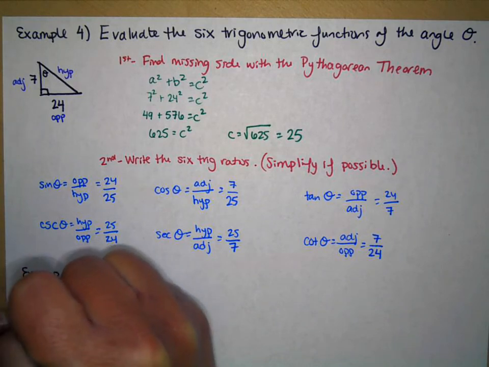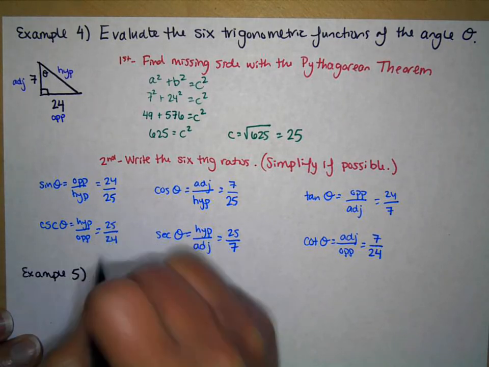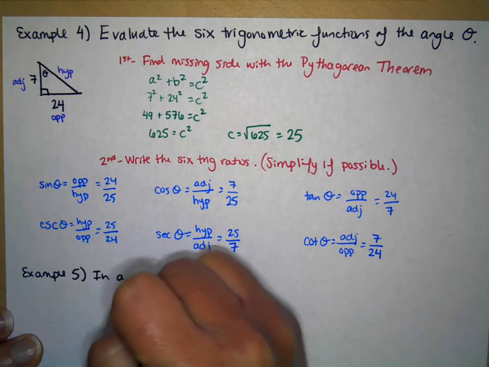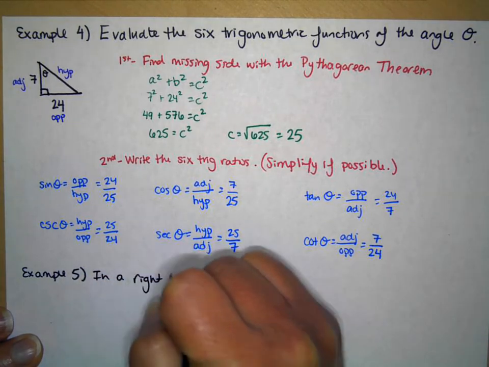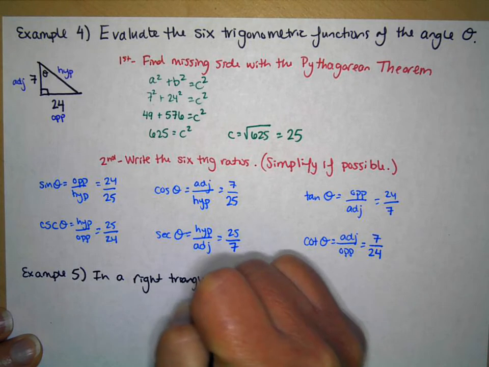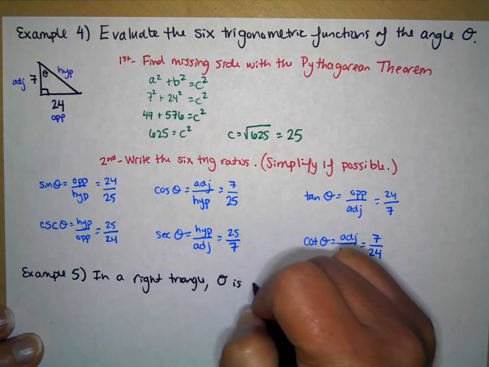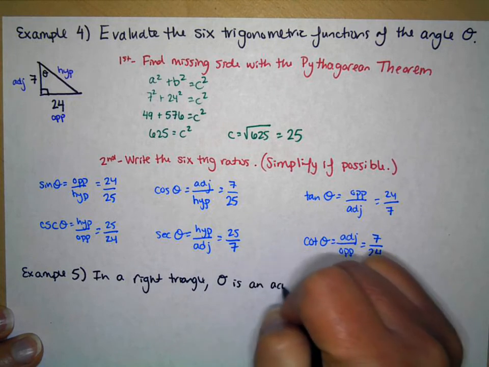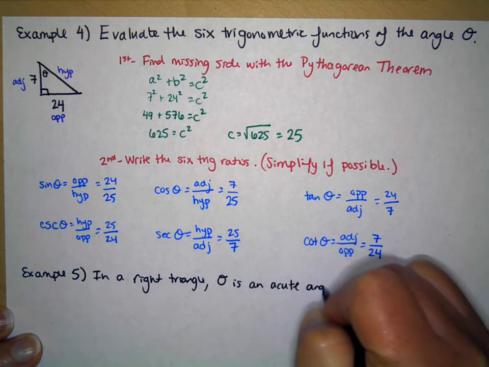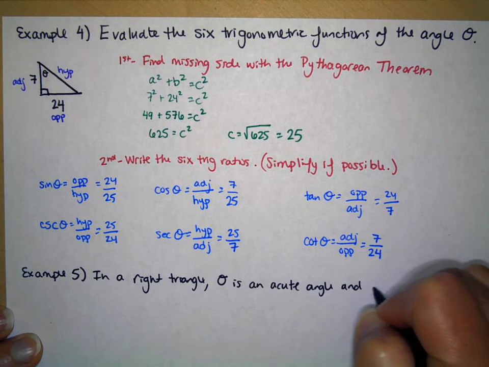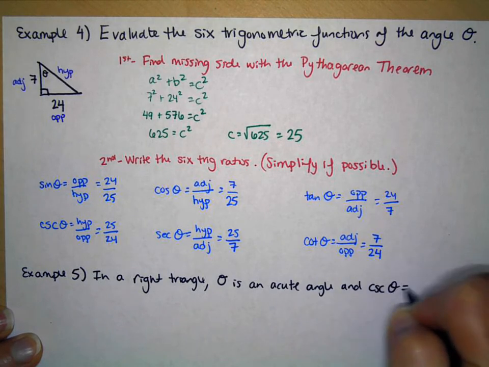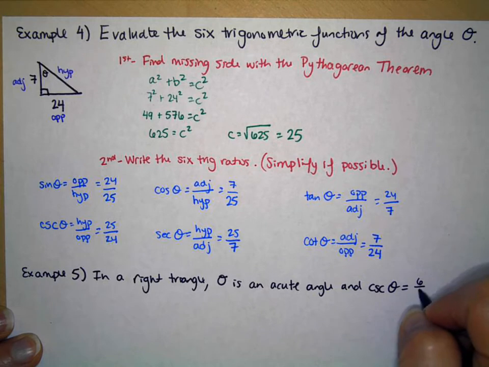Our last example for today, example 5. In a right triangle, theta is an acute angle. And cosecant theta is equal to 6 over 5.